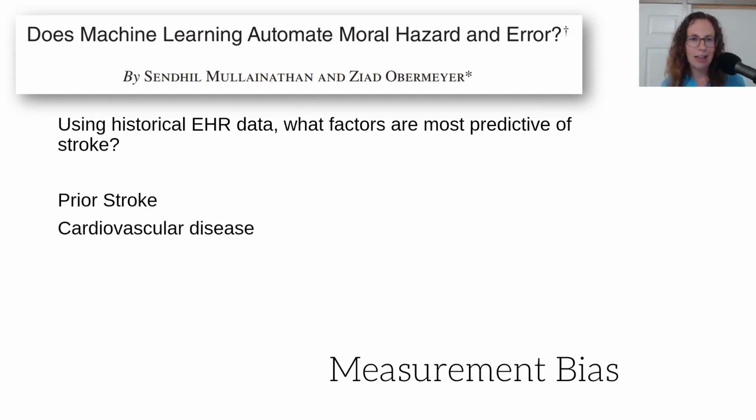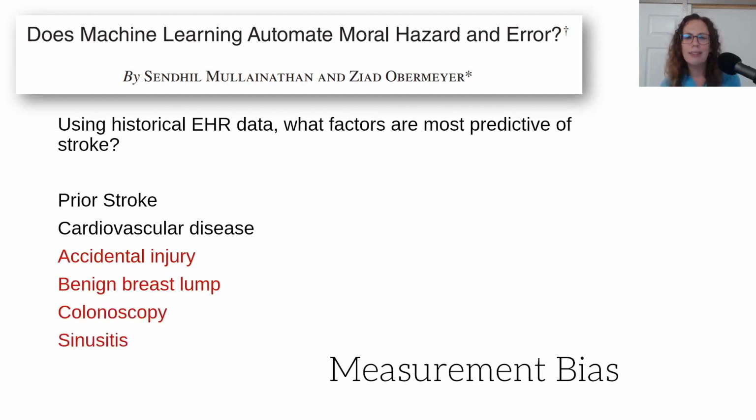Second was cardiovascular disease. That seems reasonable. Third, still very predictive, was accidental injury, followed by having a benign breast lump, a colonoscopy, or sinusitis. I'm not a medical doctor, but I can tell something weird's going on with factors 3 through 6 here. Why would these things be predictive of stroke?